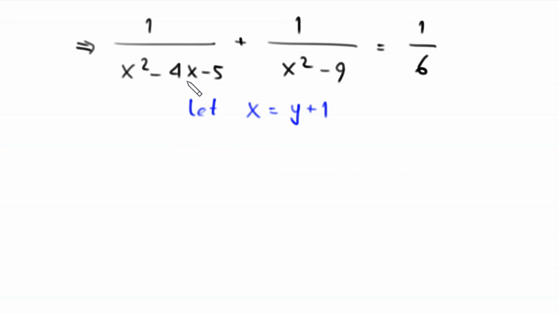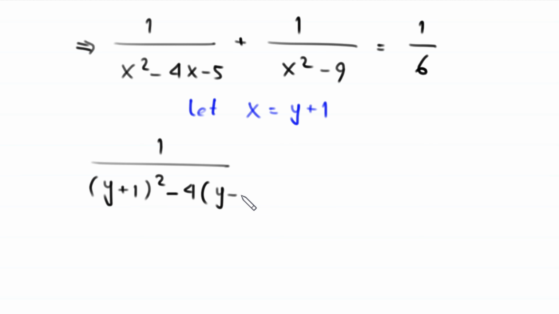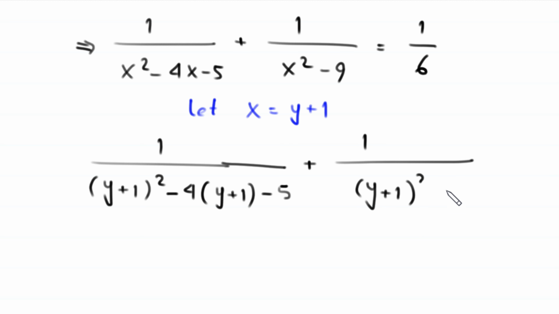So this will become 1 divided by y plus 1 whole squared minus 4 times y plus 1 minus 5, plus 1 divided by y plus 1 whole squared minus 9 equal to 1 over 6.